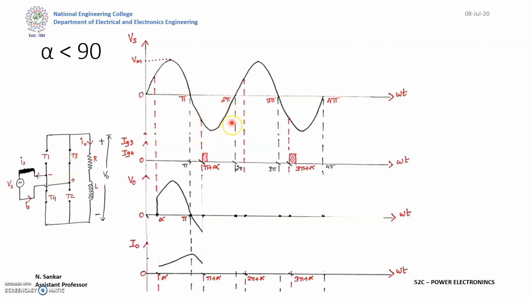Here you can see the Vs point is negative and here it is positive, but the output voltage we are measuring has this point positive and this point negative. So it will get rectified and we will get a positive voltage across the output.